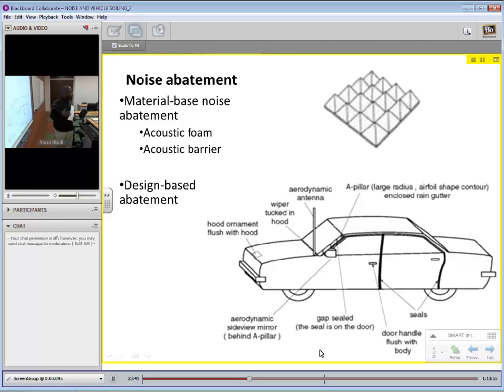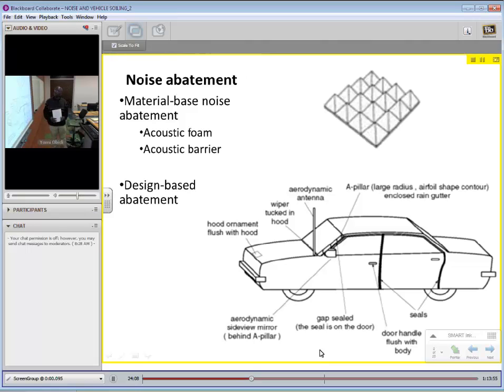So we've essentially touched the surface and had a peripheral discussion on the different sources of noise, the effect of noise on the vehicle, and where they can come from in the vehicle we're considering.